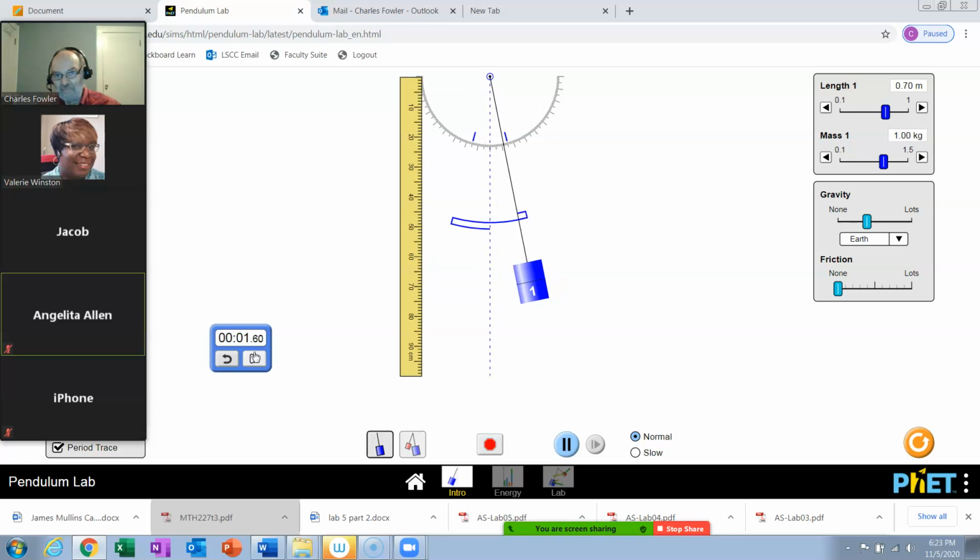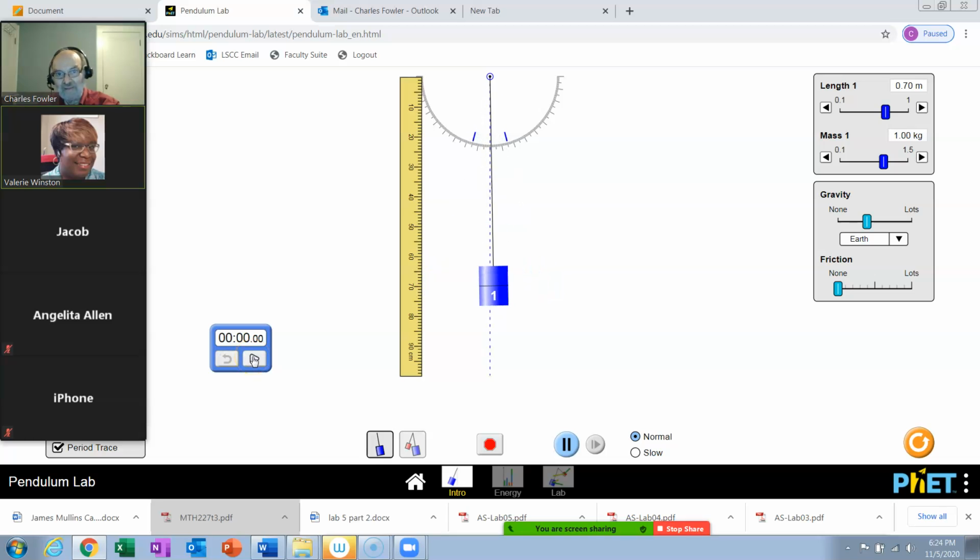Did y'all record both of those? I got the same on the second one. I recorded 1.65. You got 1.65. That was the first one. Let's do one more, and we'll go with the middle value then.